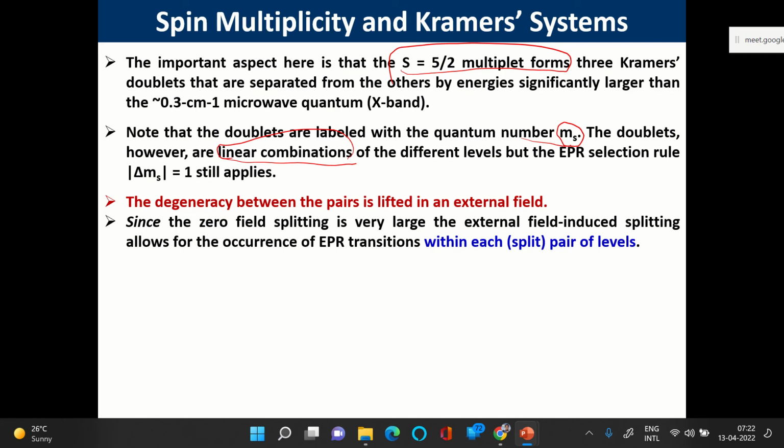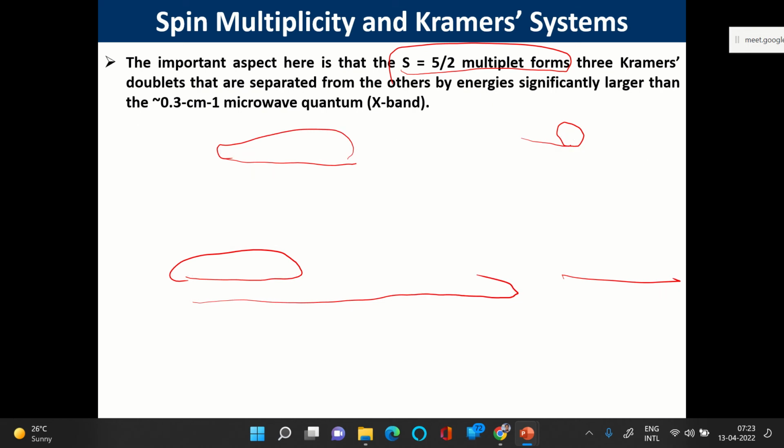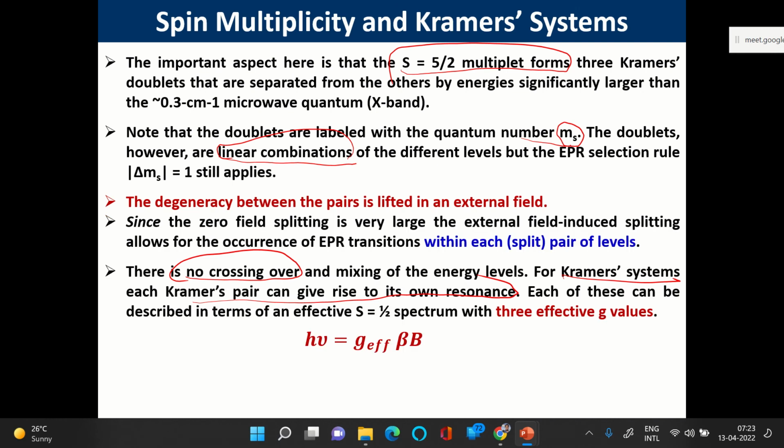Within each split pair, you have transitions that we can observe. In other words, as I told you, there is no crossing over, no mixing of energy levels. Each Kramer's pair gives rise to its own resonance. These are the points with respect to the figure that we have in the previous slide. There is no crossing over, that I told you.